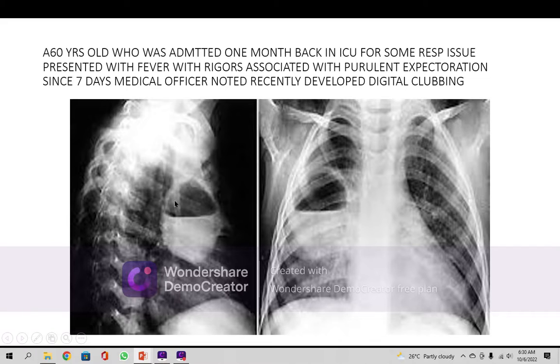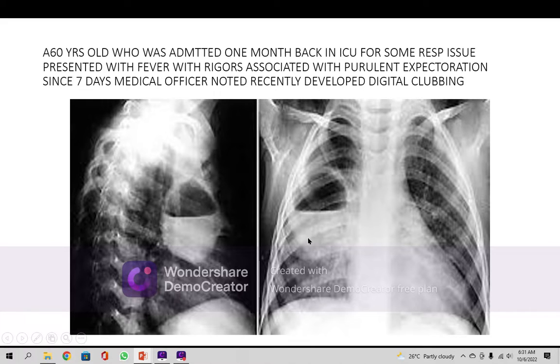Now, the first differential diagnosis which can be made here, because he was admitted in the ICU for some respiratory issue, and now he is presented with fever with rigors, with purulent expectoration, and recent digital clubbing: this is most probably the result of acute inflammation of the lung, that is pneumonia, and the common one is the pulmonary abscess, lung abscess.